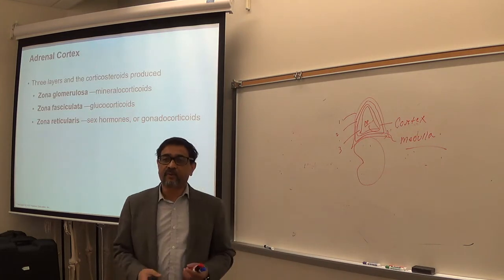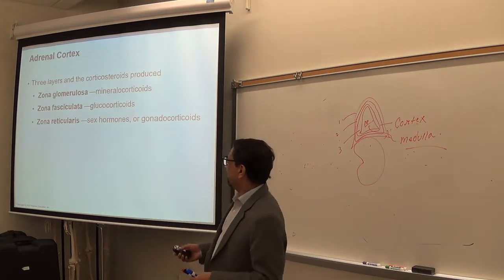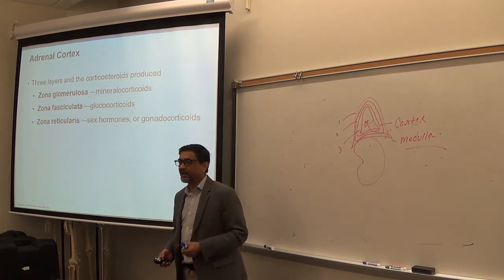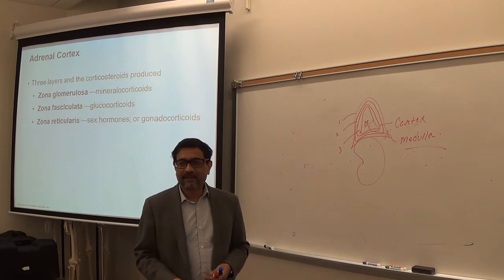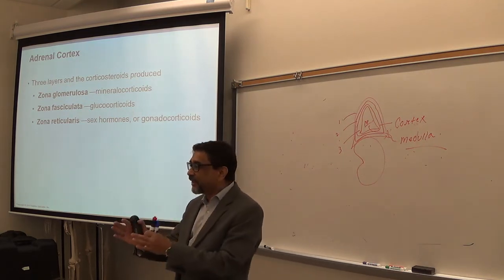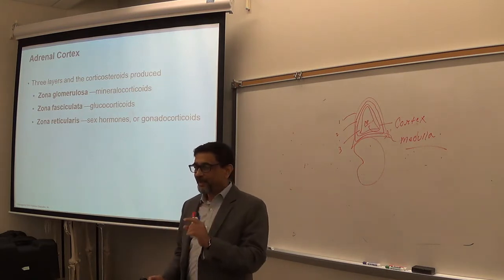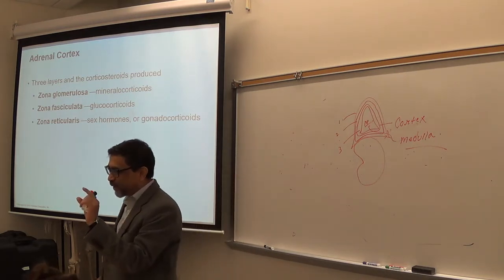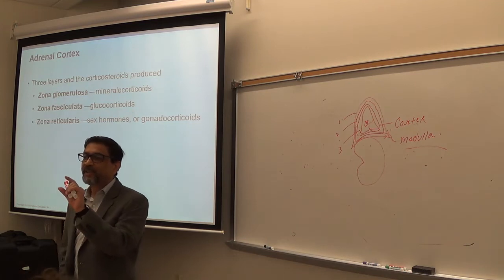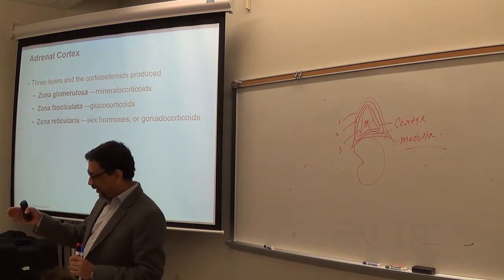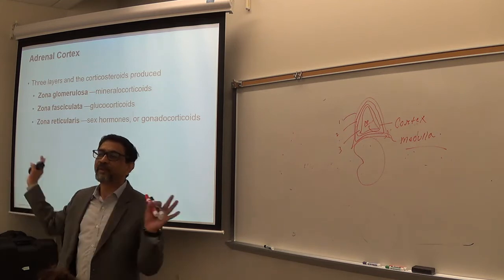Three layers are zona glomerulosa, zona fasciculata, and zona reticularis. And three layers produce three different types of hormones, totally different from each other. That's why the adrenal cortex is also called three glands in one, because three layers produce totally three different types of hormones.